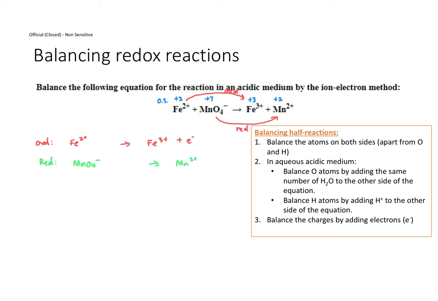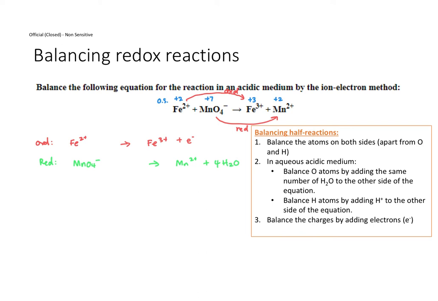So we have 4 oxygen atoms on the left hand side. So we need to add 4 oxygen atoms on the right hand side also, but we do this by adding H2O. So to add 4 oxygen atoms on the right hand side, we will add 4 H2O molecules.